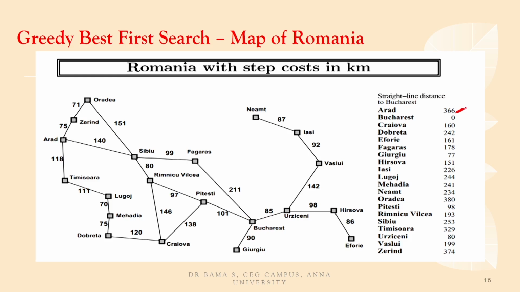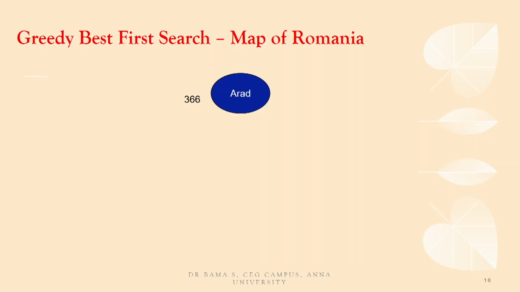We will start with Arad, whose value is 366 at the initial stage.